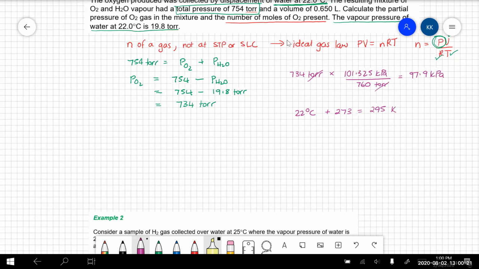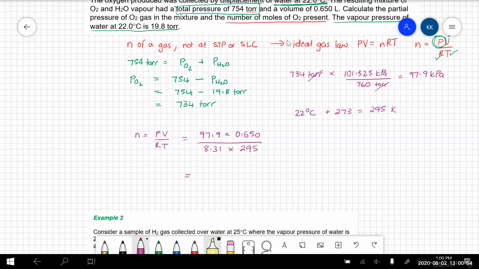Now I'm ready to go with moles is equal to pressure times volume over R times temperature. Sub in what I've got. I've got 97.9 kilopascals, a volume of 0.650 litres, over R, which is 8.31, multiplied by temperature, which is 295.